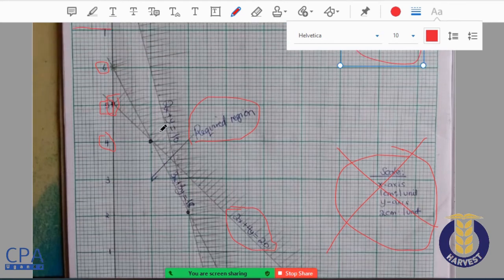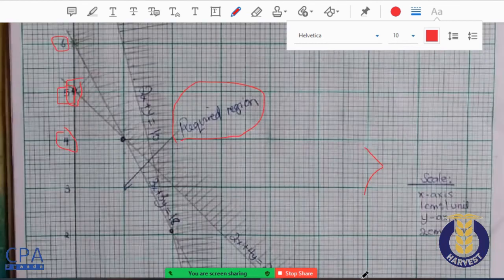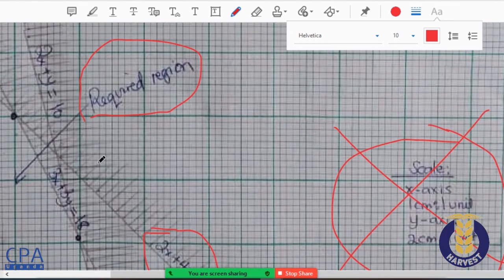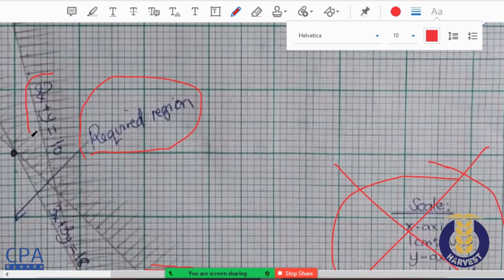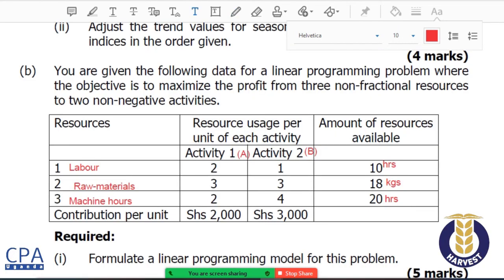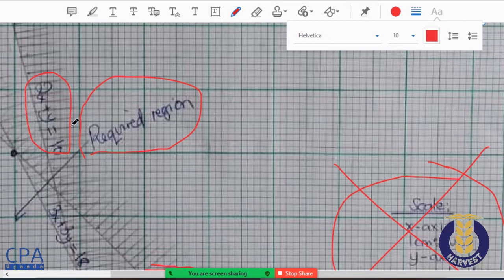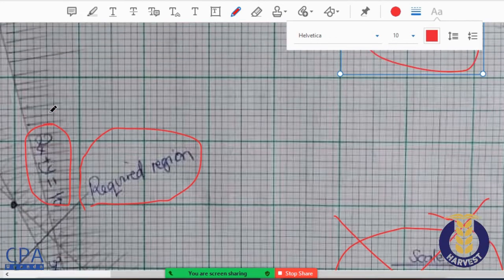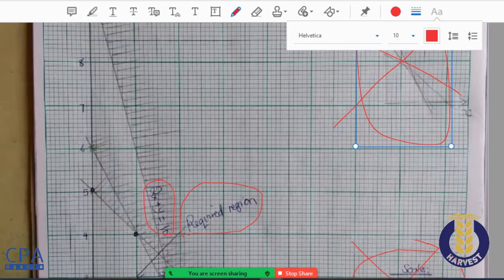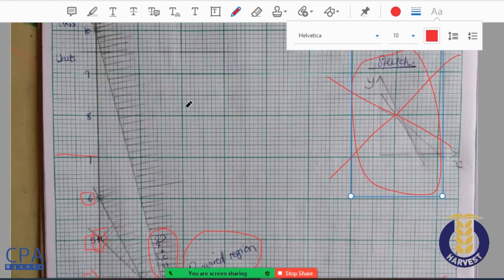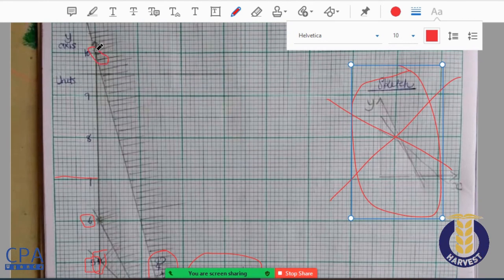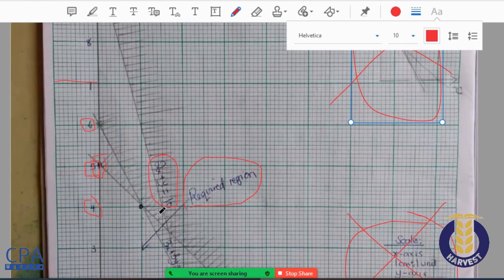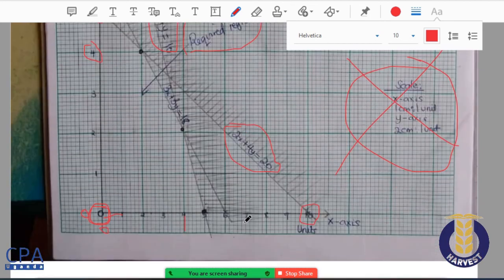Then again, we have this other one here. 2x plus y is equal to 10. This is resource number 1. Again, resource number 1 is cutting the axes at 2 points at 10. So that is 0, 10, and also at 5.